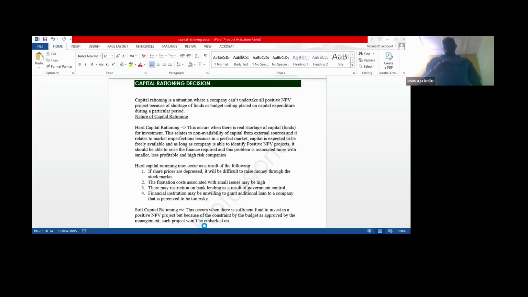So hard capital rationing is a situation where there is shortage of funds. The company on its own does not have sufficient funds. In addition, the company cannot obtain funds from external sources as a result of the imperfection of the markets.